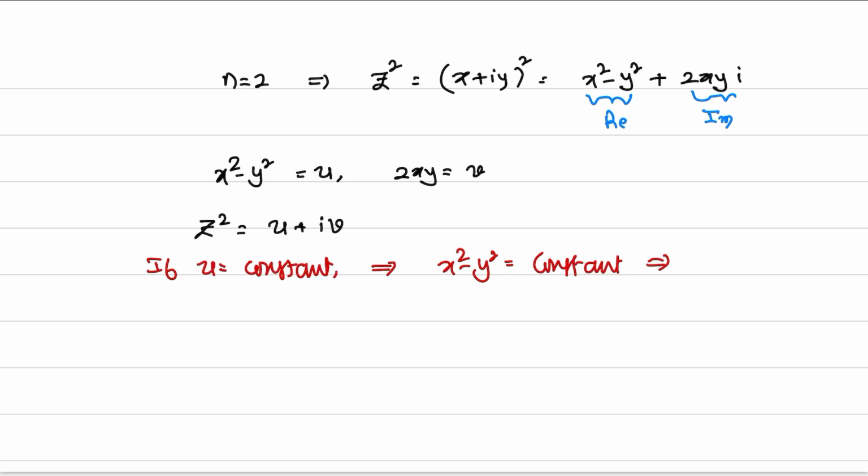What does it represent from the geometry? It is a rectangular hyperbola.